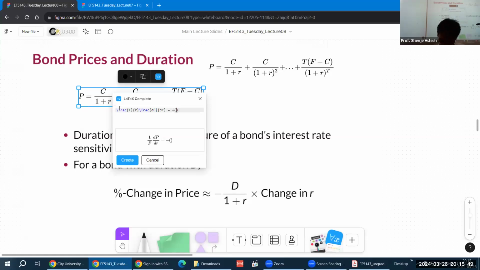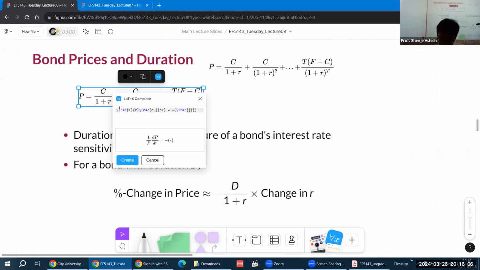Negative. So I'm going to just give you this simplified expression so that you can see where duration comes in.